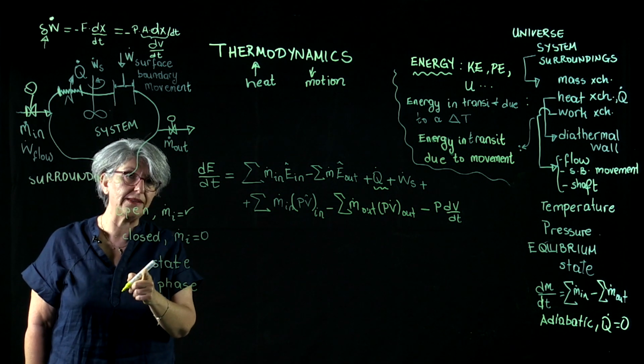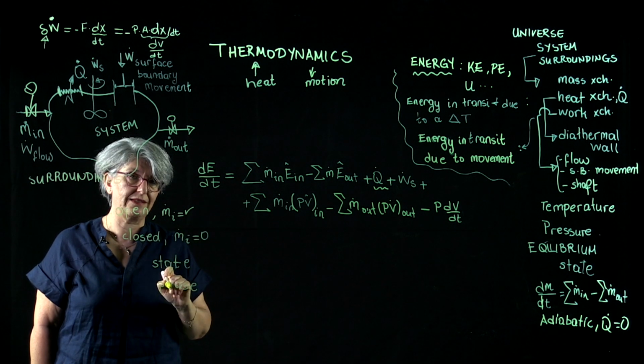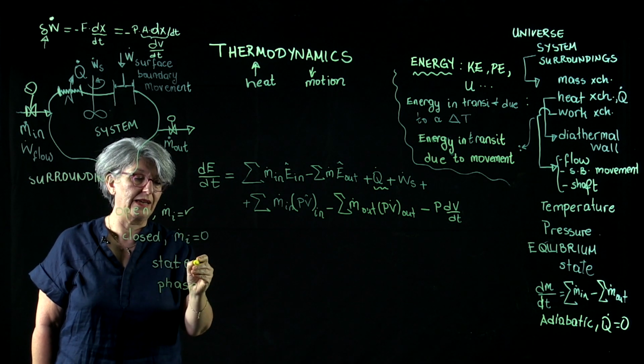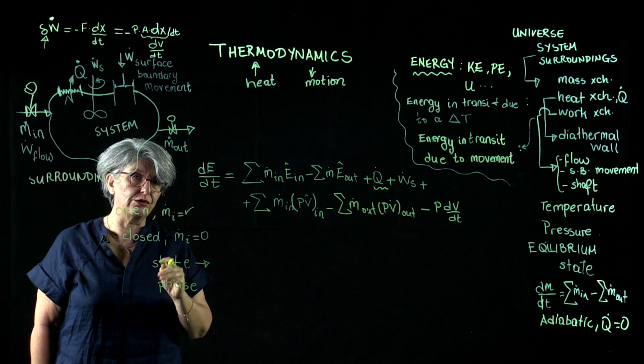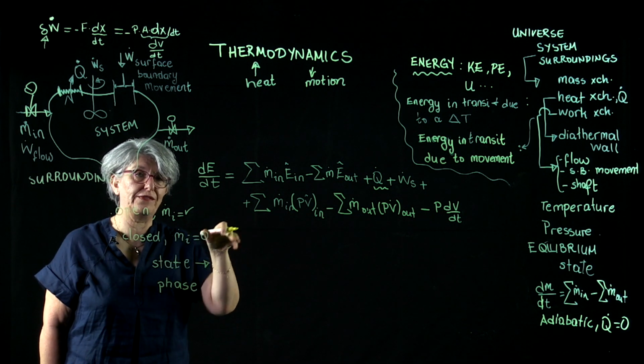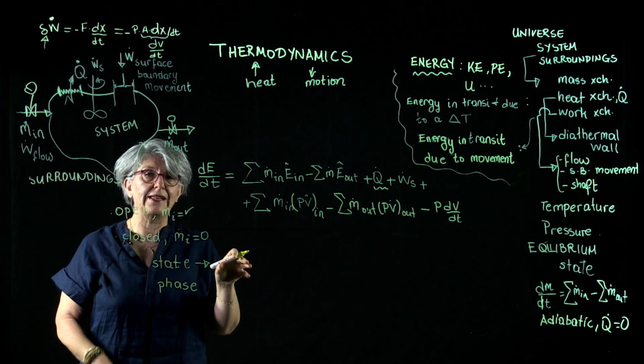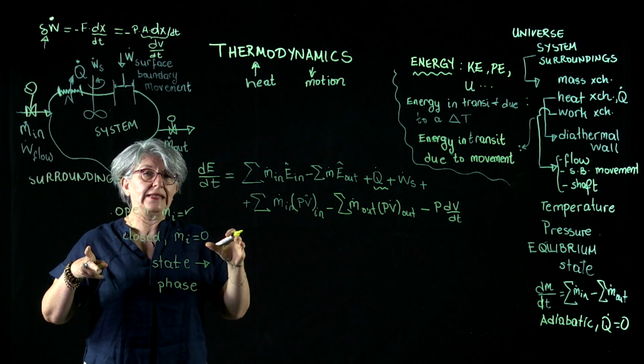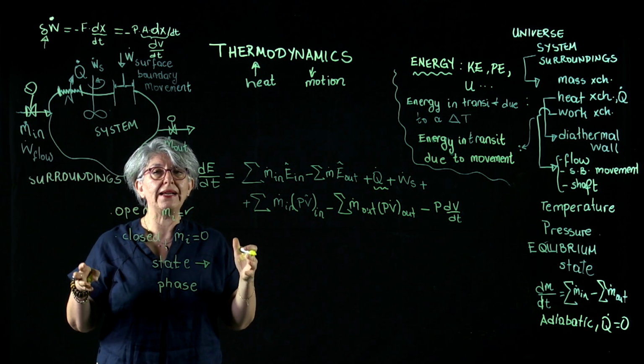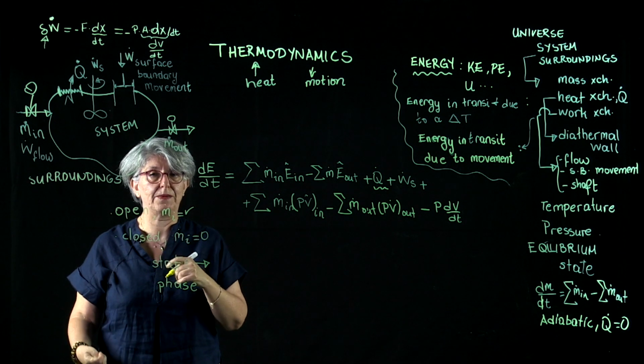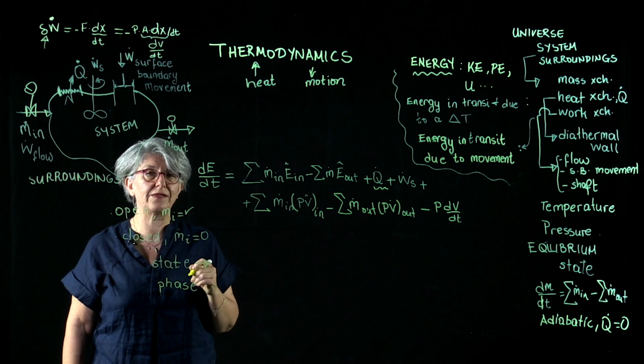When we are talking about the state of the system, it will refer to the conditions of the system that is going to be specified by the state variables. What are those state variables?